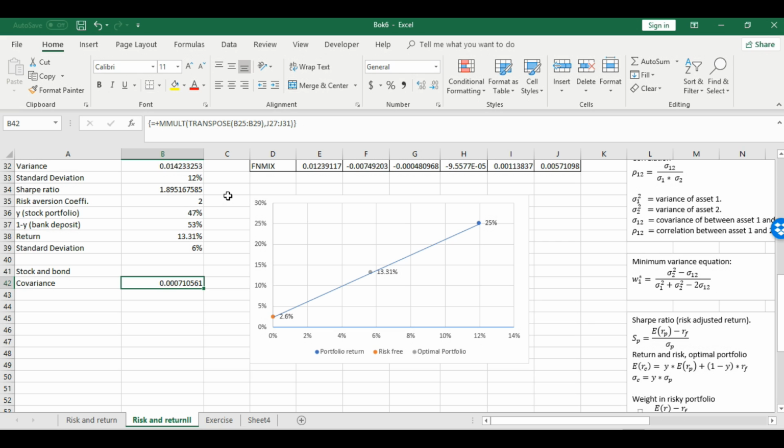With the covariance between the stock portfolio and the bond fund calculated, we can construct an efficient frontier, a graph that shows risk and return from combinations of stock portfolio and the bond fund.